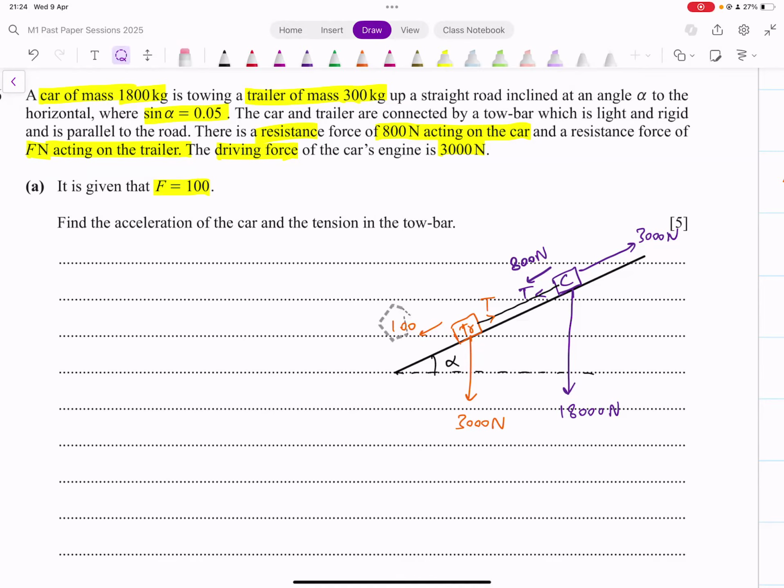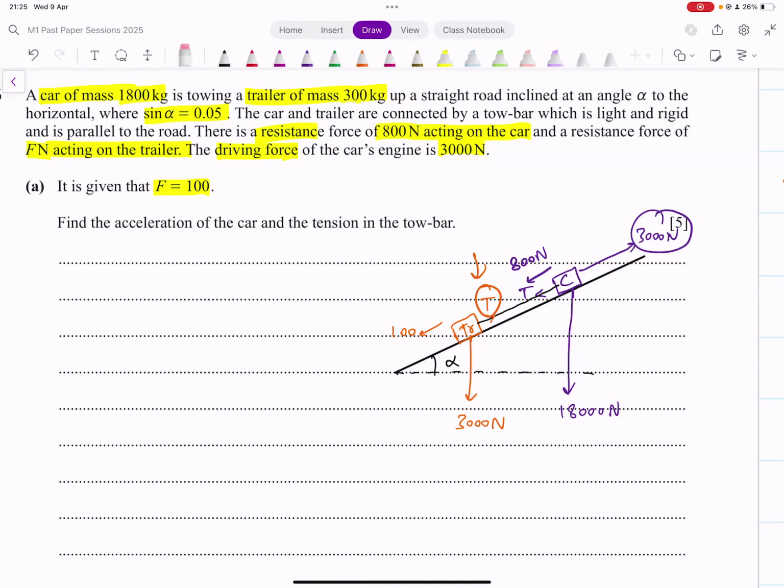Now the question is, does the driving force only act on the car, or does it also act on the trailer? The question says, the driving force of the car's engine is 3,000, right? So it's only for the car. That's 3,000. For the trailer, the driving force is this tension. Tension is what is driving the trailer forward, right?